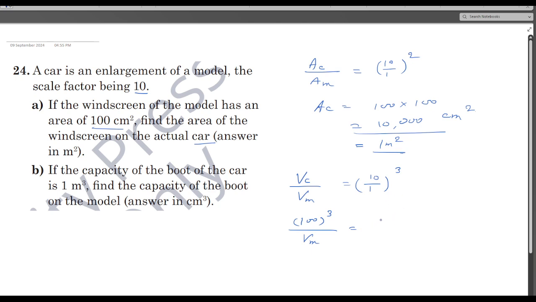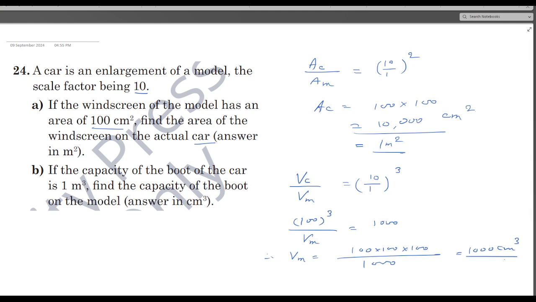Here it is 10 divided by 1 the whole cube, which is equal to 1000. Okay, so therefore volume of model will be equal to 100 times 100 times 100 divided by 1000. Okay, this will give you 1000 centimeter cube. So volume of model is 1000 centimeter cube. Nice question.